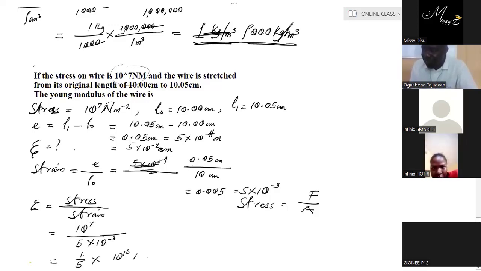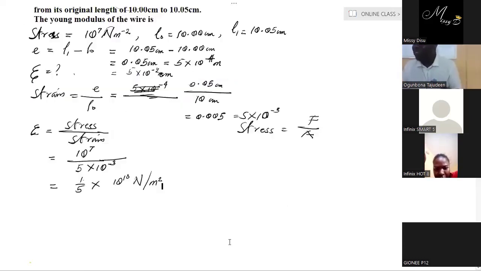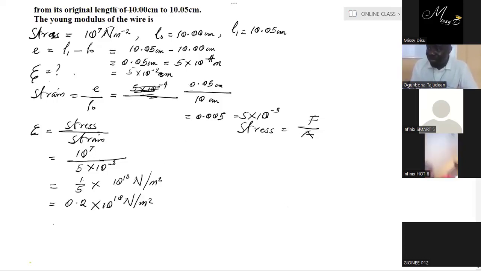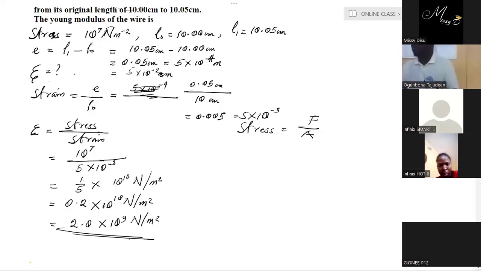It is still Newton per square meter because it will only take the unit of the stress, and that's it. Then from there, we will say that our answer is 0.2 times 10 raised to power 10 Newton per square meter. The final answer is 2.0 times 10 raised to power 9 Newton per square meter. And so do it.